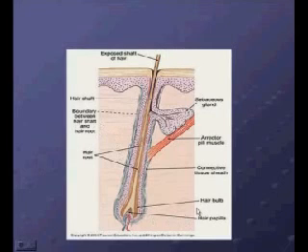There is the hair bulb, the hair papilla, the blood vessels that supply the hair. This muscle, the erector pili muscle, is what allows hair to stand on end in states where you may be anxious or excited. And then the sebaceous gland, which provides oils and secretions that flow up to the surface, basically because this is a patent duct.